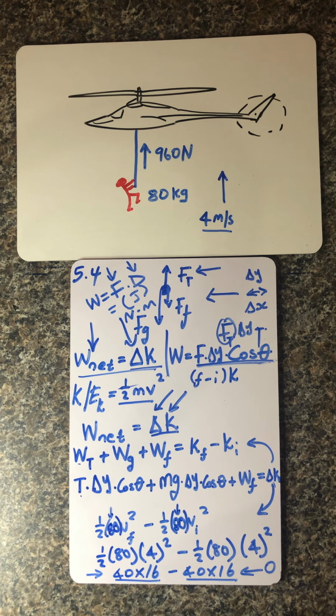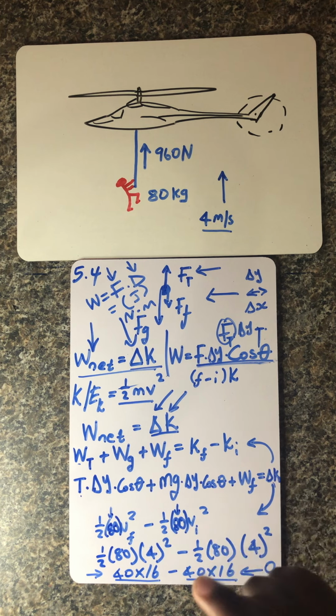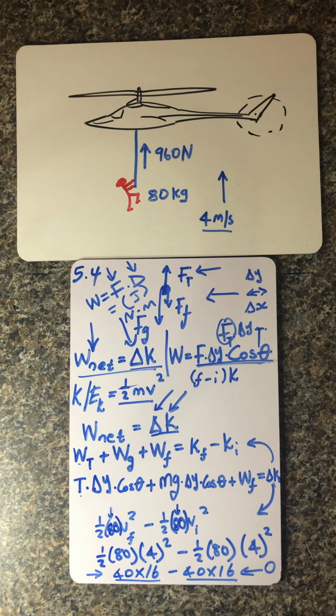Why can all of this be equated to 0? It's because the speed is constant. But if the speed wasn't constant, ladies and gentlemen, then you're going to substitute the final velocity, whatever it is, and the initial velocity, which is a different value from the final velocity, and you're going to get a value which is not 0 on the right side of the equal sign.